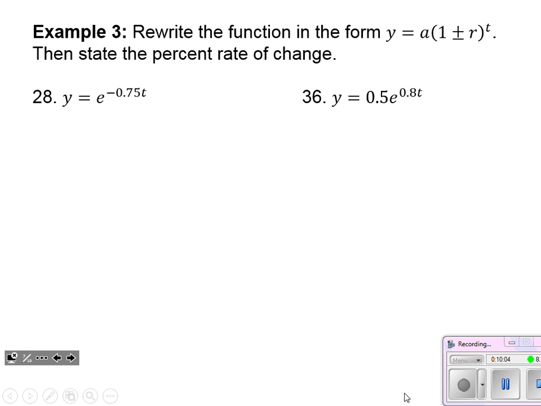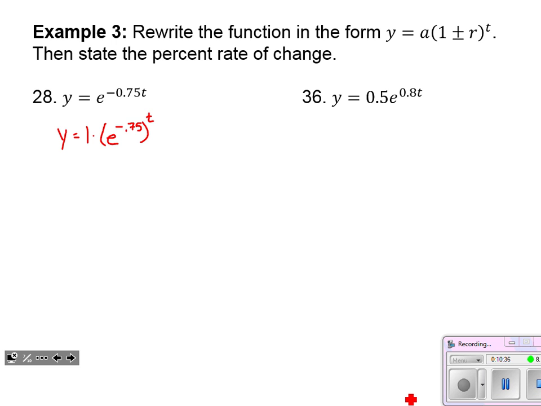Example 3. Well, we're back to rewriting the function, trying to see this 1 plus or minus r to the t power, trying to find a percentage rate of change here. Let's take a look at what we're working with. For number 28, I've got y equals 1 times e to the negative 0.75 times t.